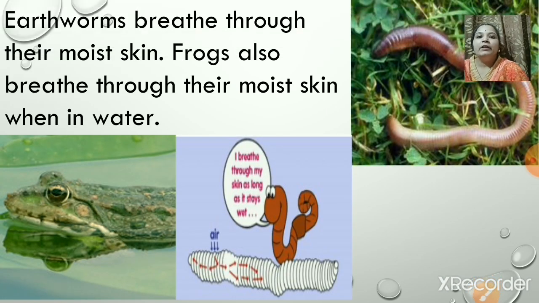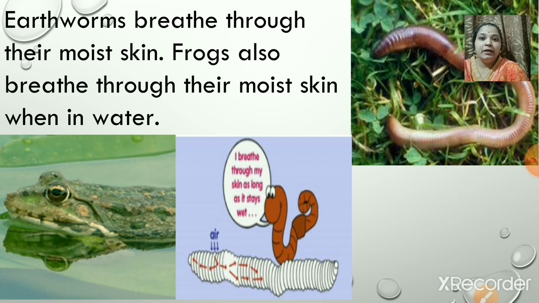Now, can you see earthworm and frog? Do you know what the breathing organ of earthworms and frogs is? Right, the earthworm and the frogs breathe through their skin. Now, the frog breathes through its moist skin when it is inside water. Then what about land? It is an amphibian.